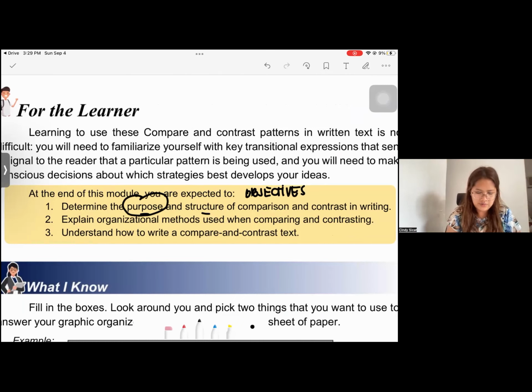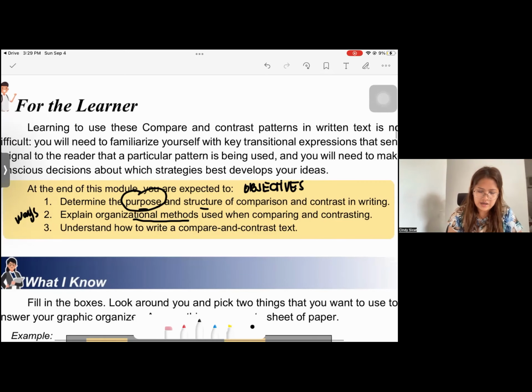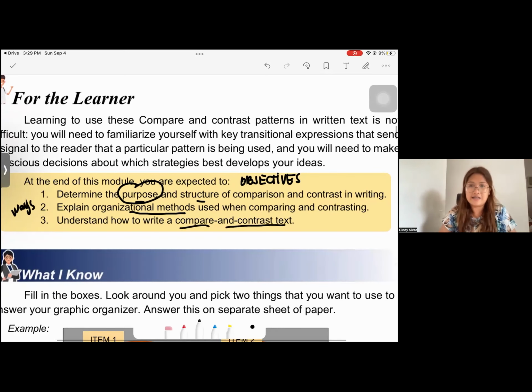And you would also have to explain the organizational methods. What are the ways that were used in comparing and contrasting? Aside from this, you would also have to understand how to write a compare and contrast text.